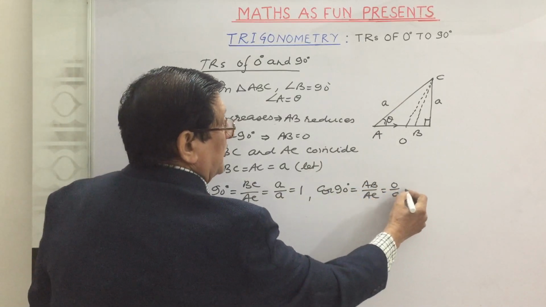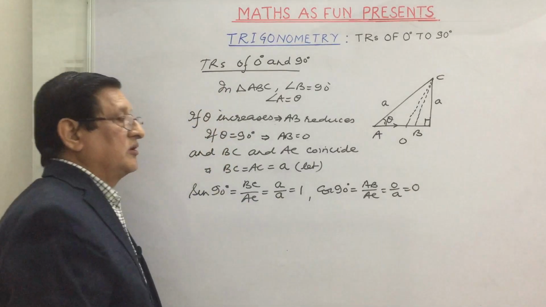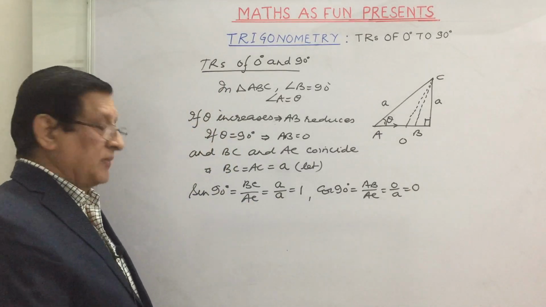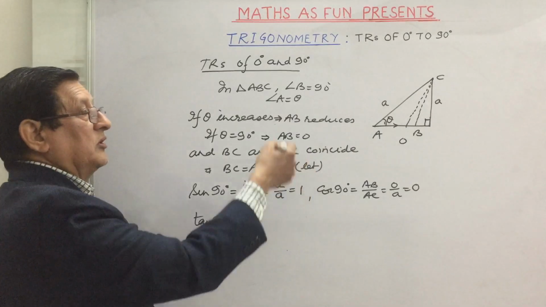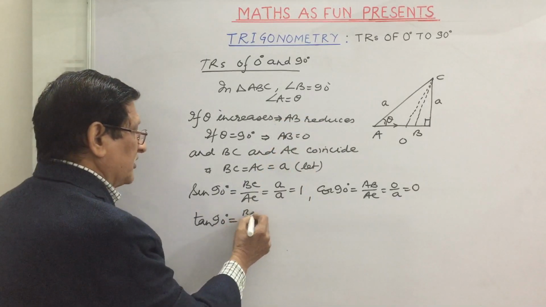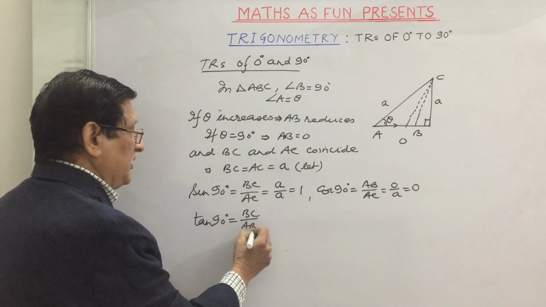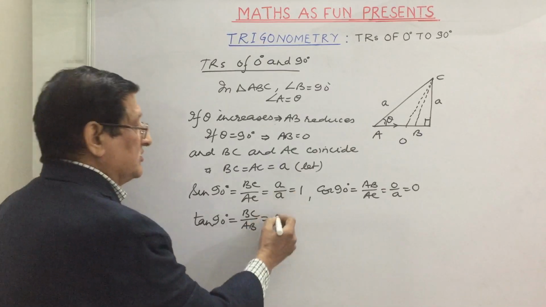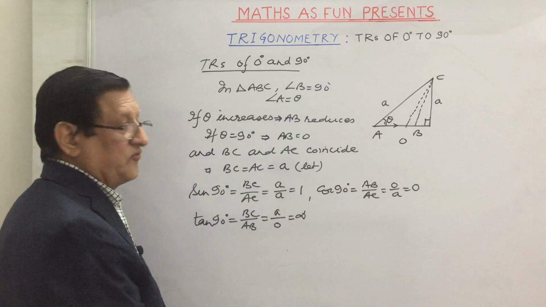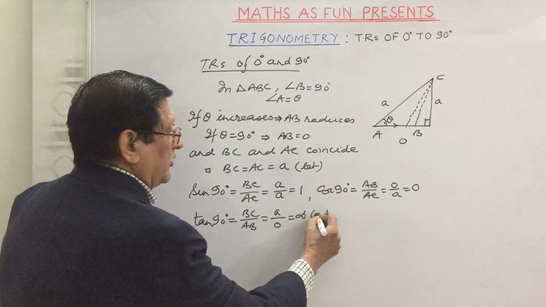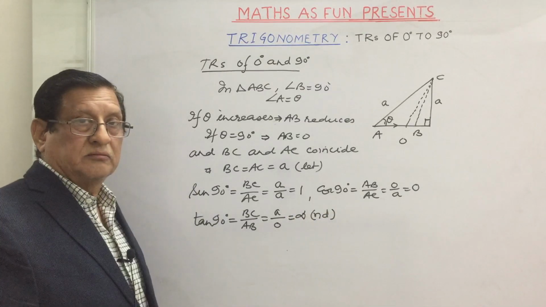This is 0 upon A and the value of cos 90 comes 0. Tan 90. Perpendicular upon base. Perpendicular is BC, base is AB, BC is A, AB 0. Something divided by 0, we say infinite or we say not defined.